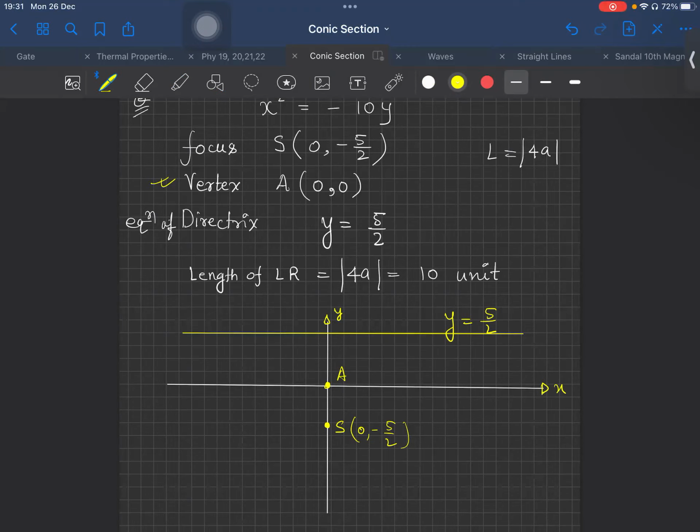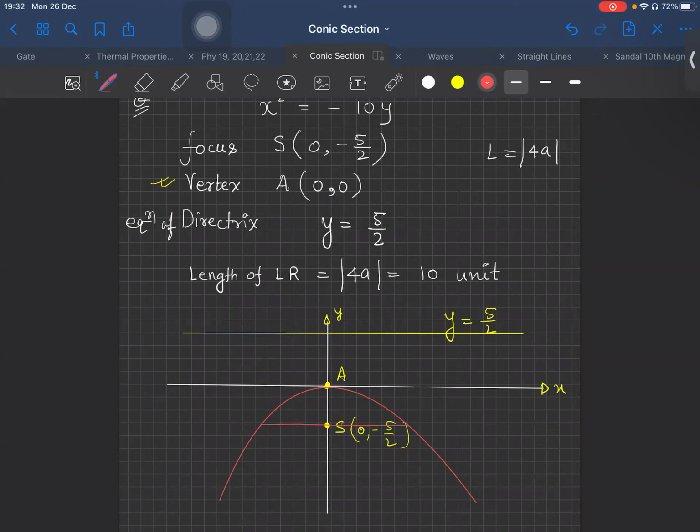So we have the parabola. If the focus is on the downward side, the parabola will open its mouth in that direction, right? So this is the parabola we are talking about, this is the directrix, and this is the latus rectum.